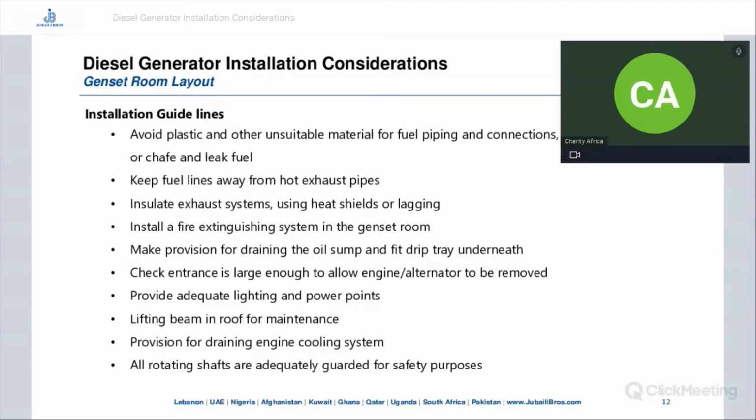Check the entrance is large enough to allow the engine and alternator to be removed. Provide adequate lighting and power points. And this one is optional: a lifting beam in the roof for maintenance. Provision for draining the engine cooling system. All rotating shafts are adequately guarded for safety purposes.